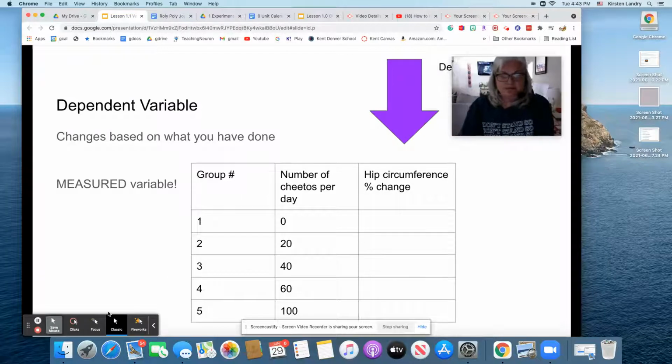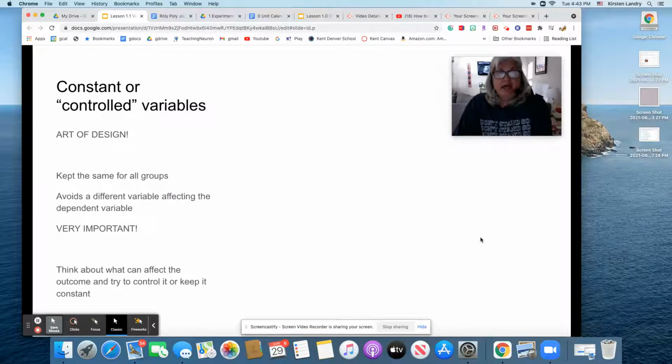with the independent variable. So there's another set of variables called constant variables or controlled, with an ED at the end, variables. This is where the art kind of comes into designing experiments. The better you are at understanding constant variables, the better and stronger your experiment will be.